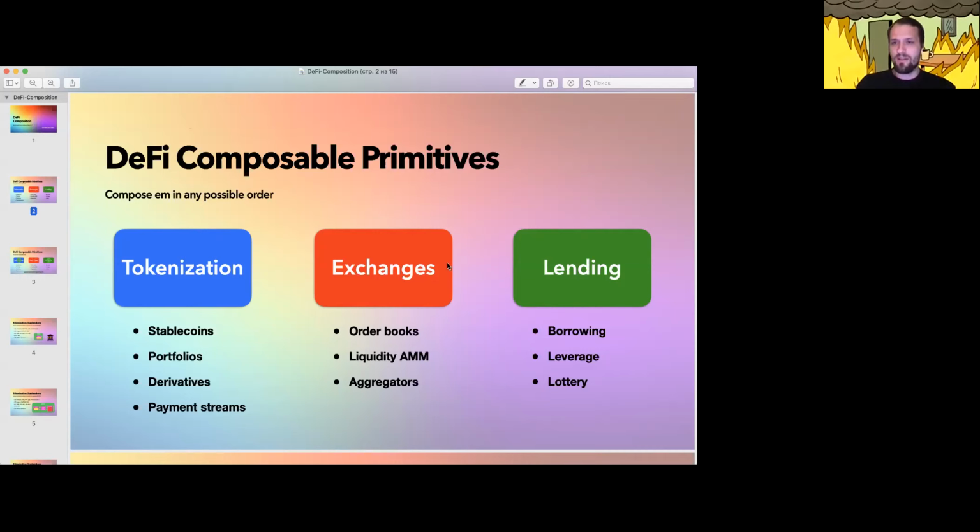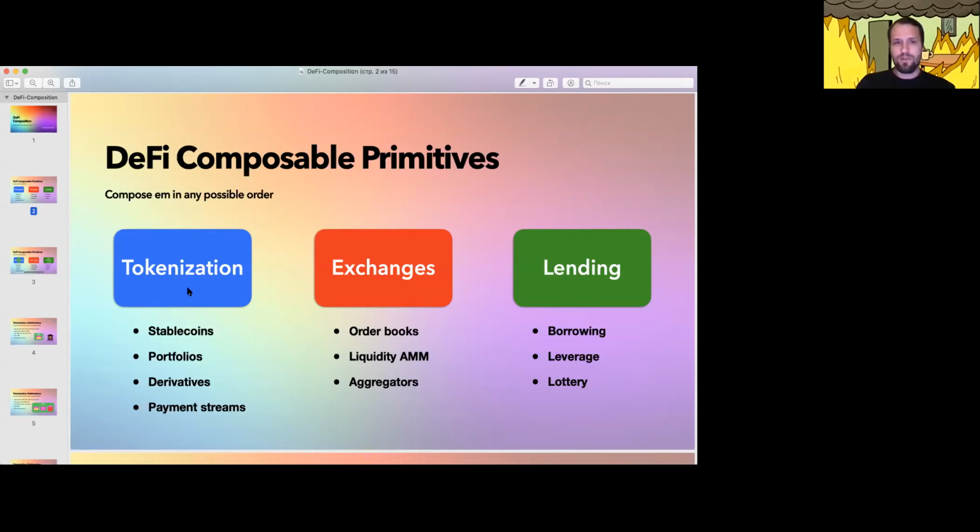And third one is lending. There are a few others outside of these three types, like insurance, but they are not really composable enough to include them into primitives which are composable.